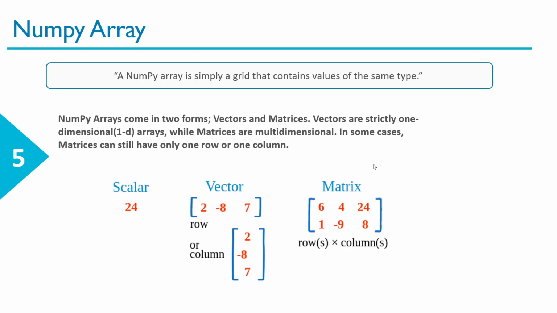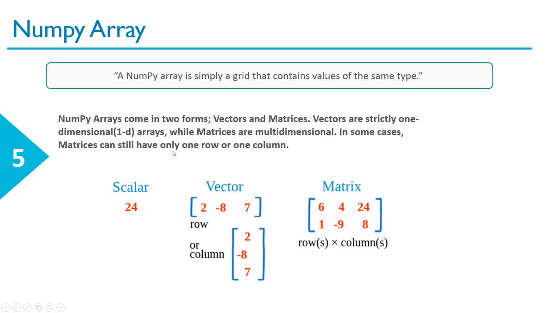Okay. NumPy arrays are broadly differentiated into two different parts. One is a vector and another is a matrix. Vectors are strictly one-dimensional arrays, meaning they will be 1 cross n in size, or n cross 1. Means they have only one row or one column, while matrices are multi-dimensional.